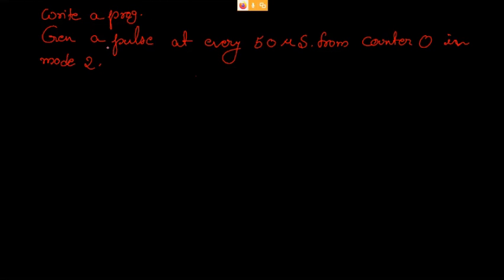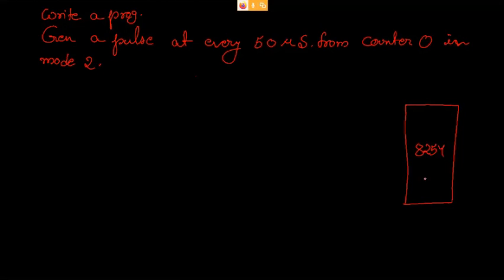Write a program to generate a pulse at every 50 microsecond from counter 0, which is working in mode 2. And the circuit I am going to design, and from the circuit you have to decode what is the address and what is the frequency. So here you have 8254.